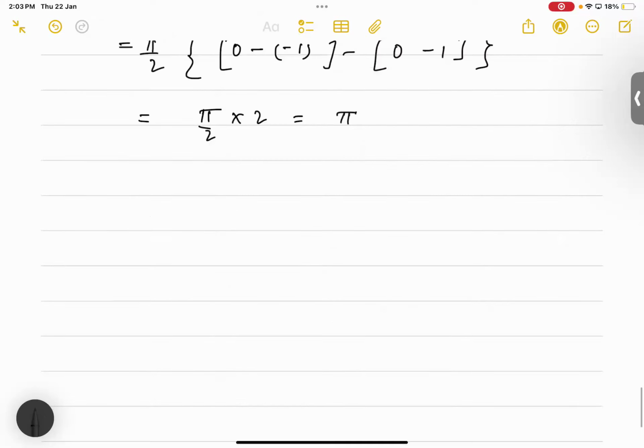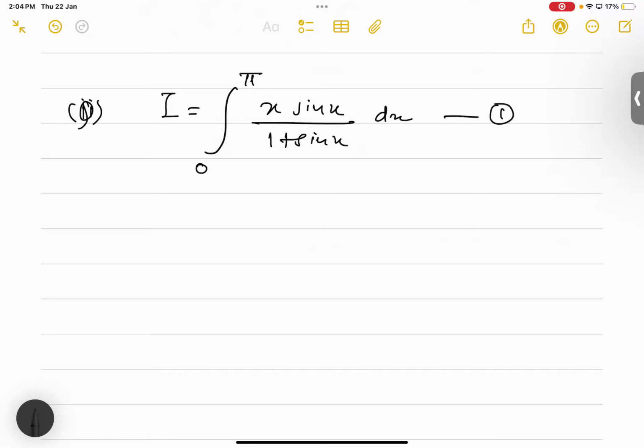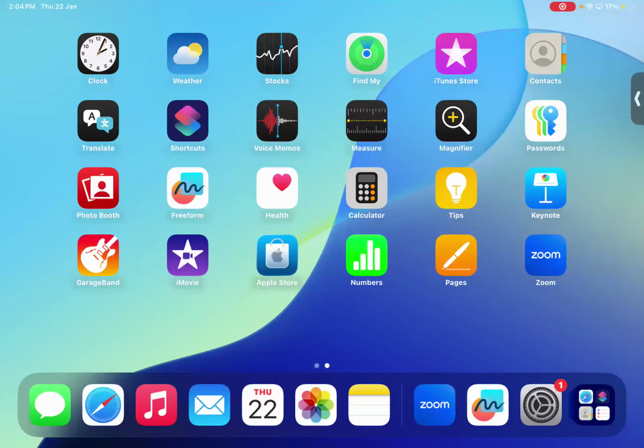Clear? Okay. Question number 2, or the next question. Integration x sin x upon 1 plus sin x dx, 0 to pi. So I'm just giving you the hint. Use the property. Start.